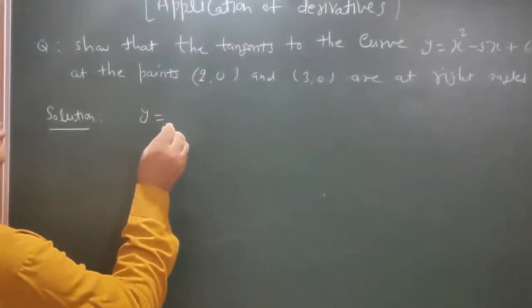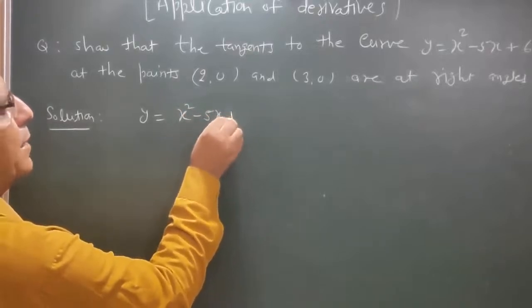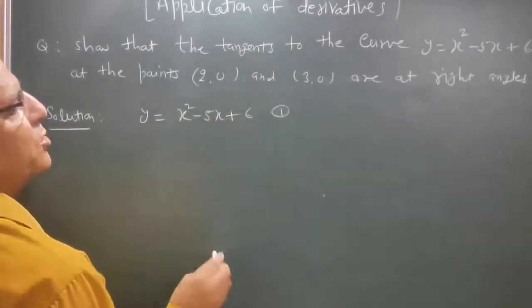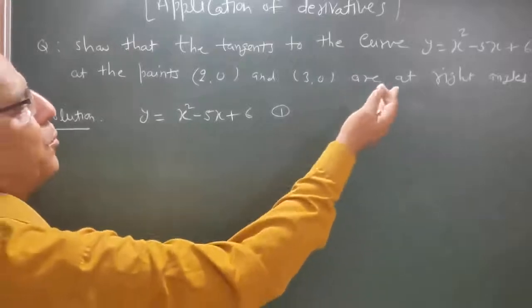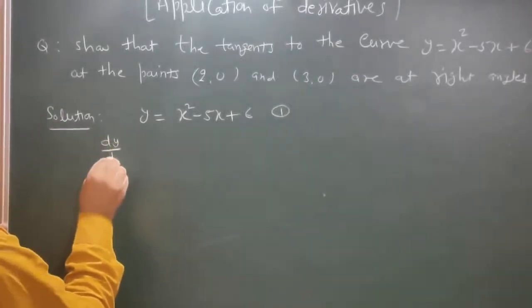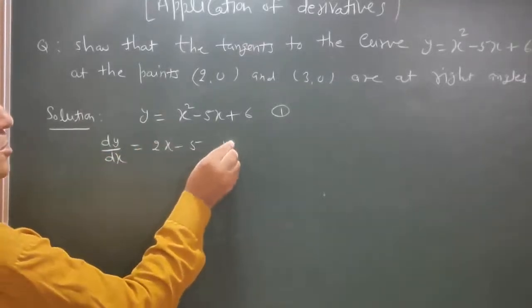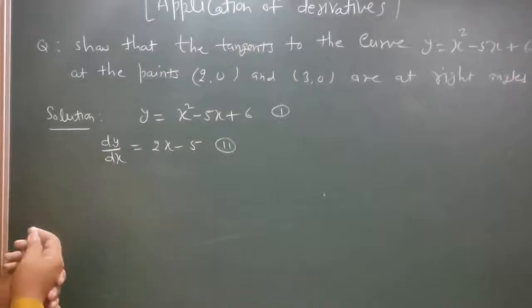y equal to x square minus 5x plus 6. This is equation number one, the given equation of the curve. Now dy over dx equal to 2x minus 5. This is the first derivative of y with respect to x.